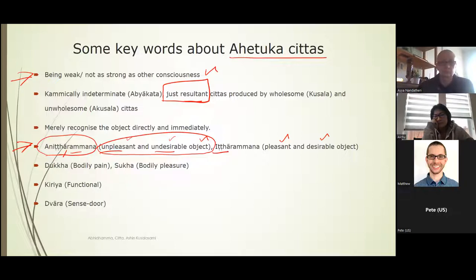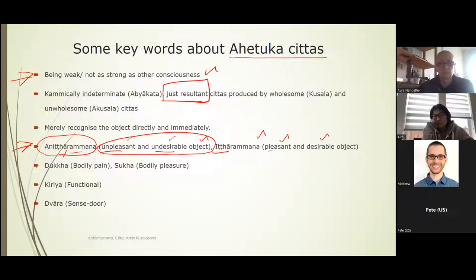And when we have a pleasant and desirable object in our life, it is just because of what we did in the past, because of pleasant, beautiful chetas. So this is just a result like that. Ittha Ramana and Anittha Ramana are connected with the 18 chetas. You will know more about that.